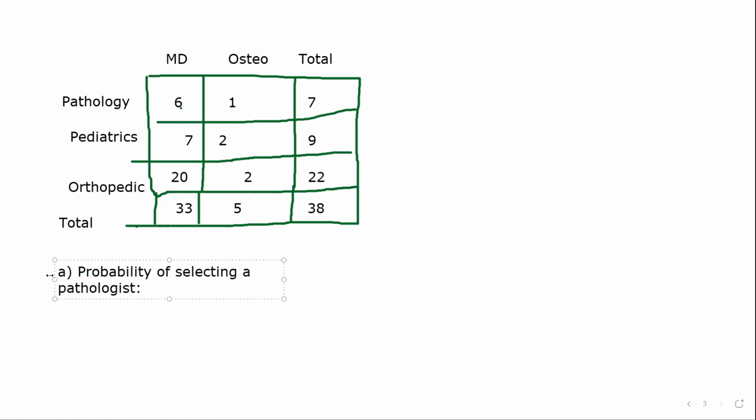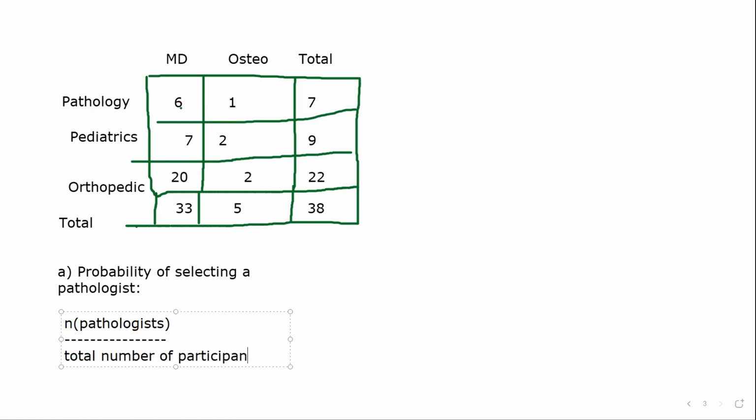And what that boils down to in terms of the basic probability formula is the number of pathologists over the total number of participants in the sample.